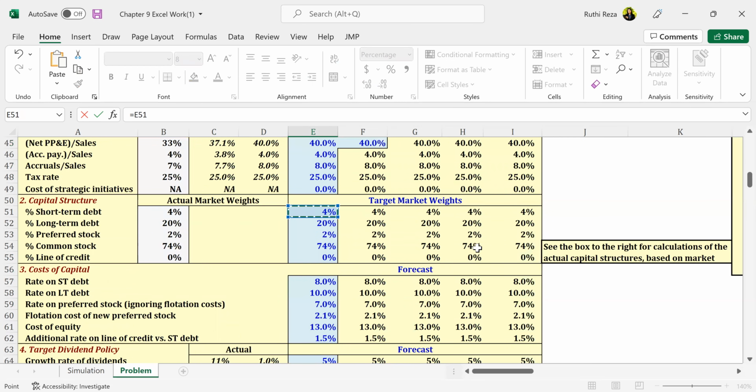So here, weight for debt is 4%. Cost of short-term debt is 8%.